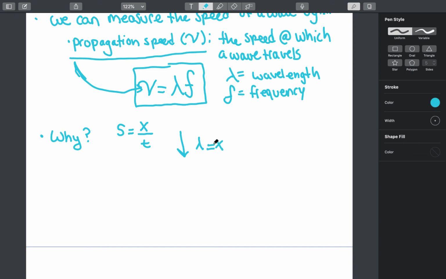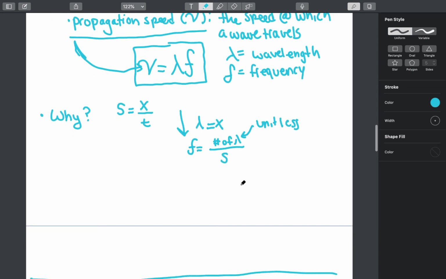So wavelength is a distance, right? And we know that frequency is equal to the number of wavelengths that pass through a certain point per second. Now this numerator, as we said, is unitless. The only unit in frequency is the seconds. So let's multiply these two things together and see if we get the units of speed.